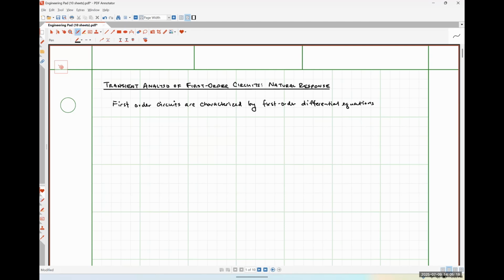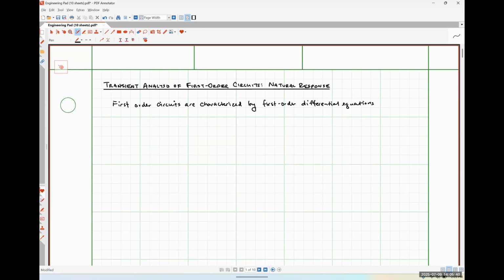So realistically, all we're going to be dealing with for today, Friday, and Monday's lectures are circuits that contain resistances and inductances, or circuits that contain resistances and capacitances. Okay. So that's what a first order circuit is.